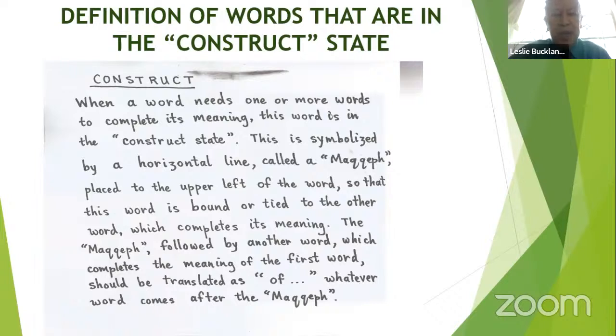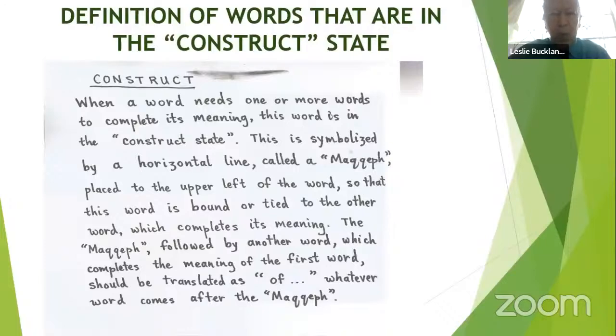When we add on, let us say we're expanding the dormitory, we see that we are constructing something new. We're adding on to what already is there. So in language, in this Hebrew language, if a word stands by itself, it's absolute.